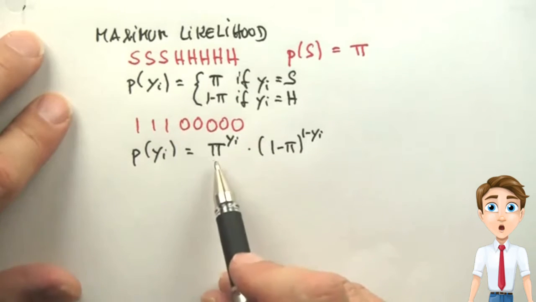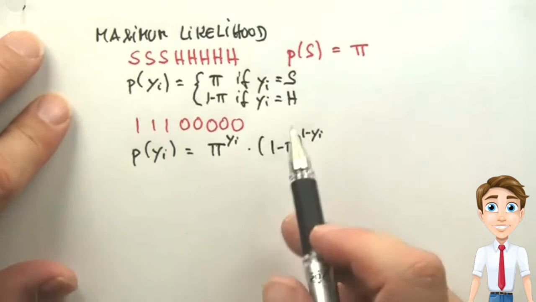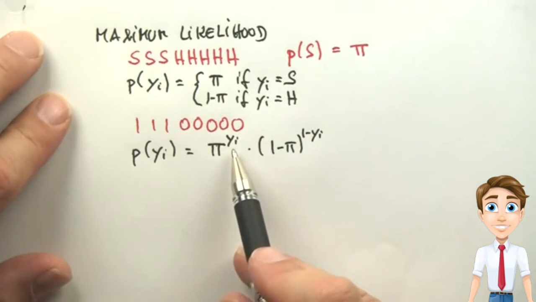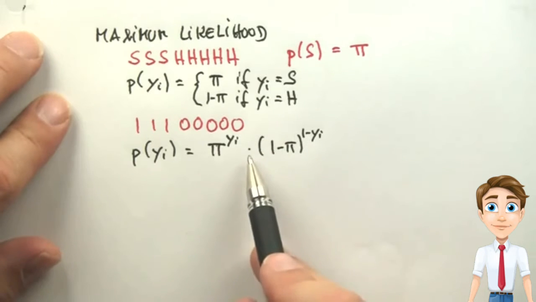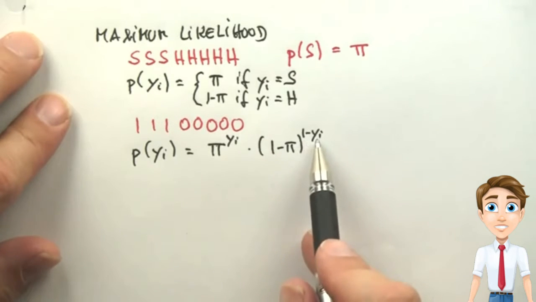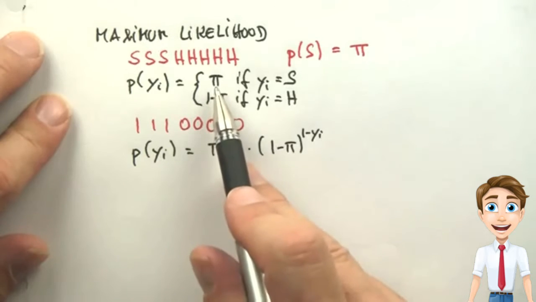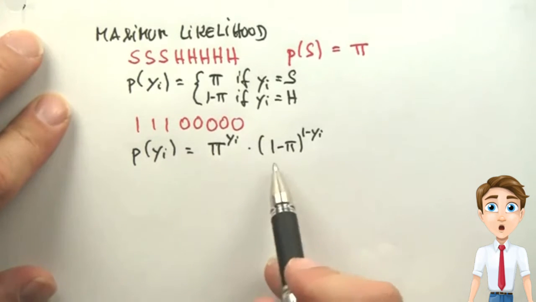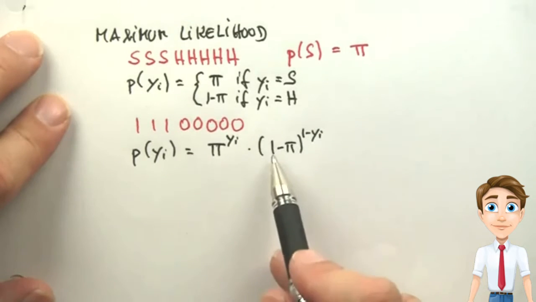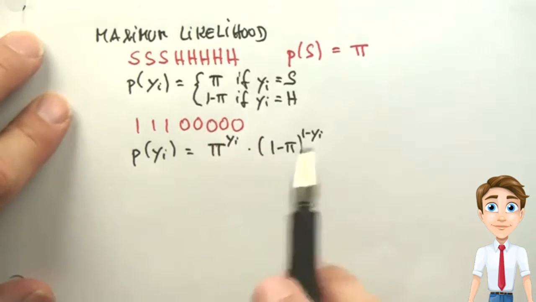It's not that easy to see that this is equivalent, but say yi equals 1, then this term will fall out. It's a multiplication by 1 because the exponent is 0, and we get pi as over here. If yi equals 0, then this term falls out, and this one here becomes 1 minus pi as over here.